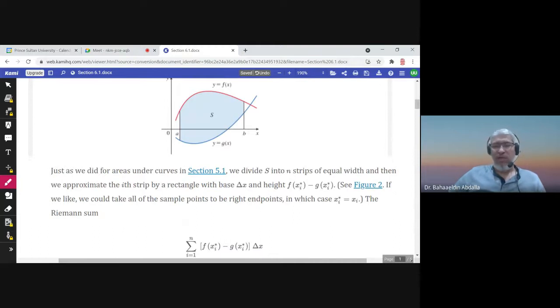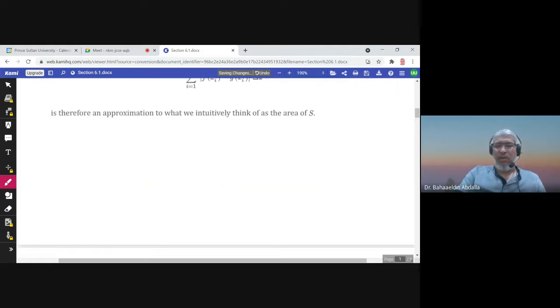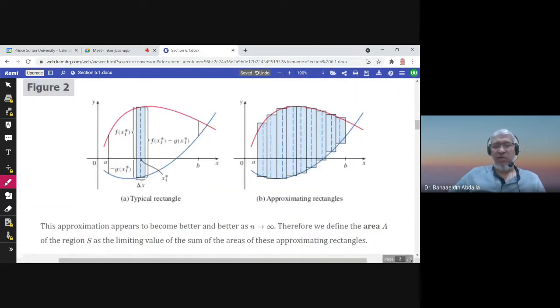Well, to find the area of the region S, we may divide this region into rectangles, as we did. We divide this into n strips of equal width, and then we approximate each ith strip by a rectangle. The base of the rectangle is called delta x, the width of the rectangle.